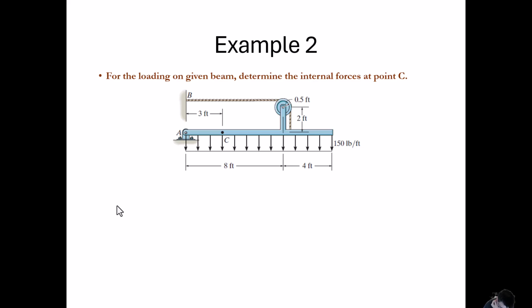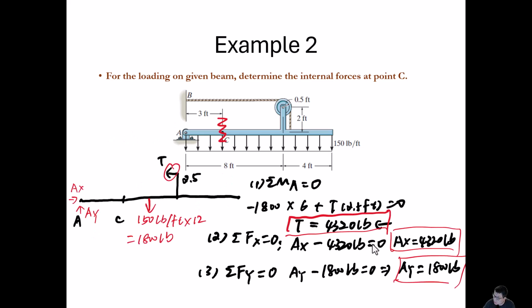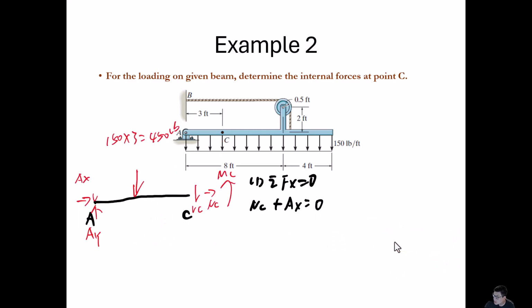Sum of Fx equals 0, which is NC plus AX equals 0. So what is AX? We already solved AX here. Therefore we can get NC is negative, and it's compression. Sum of Fy also equals 0.